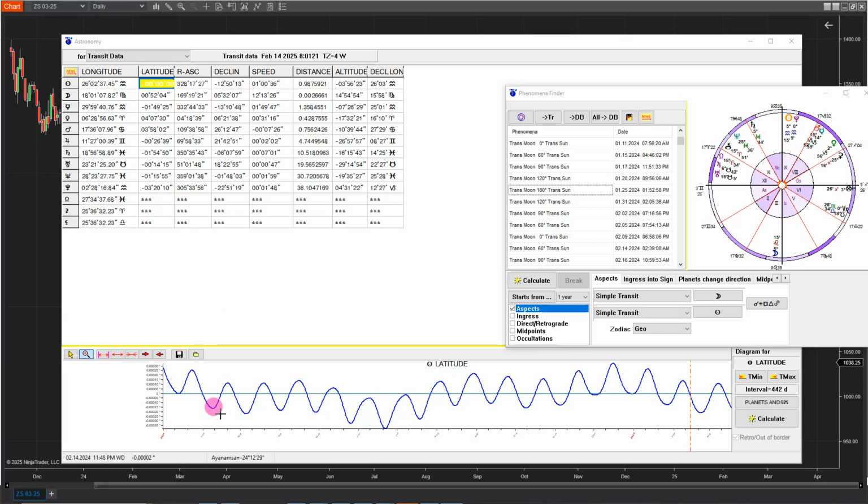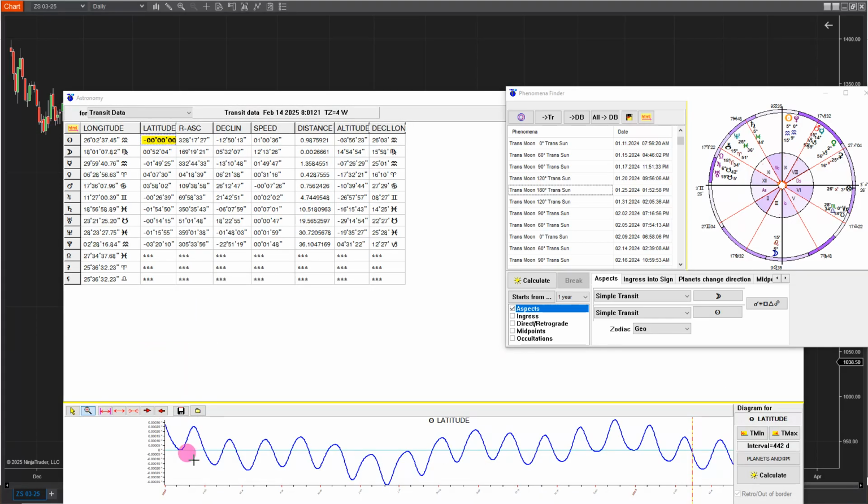Next one on the 25th, we're hitting the high. And then on the 31st, we've got the 0 south. So we have aspects on the 25th, the opposition, and on the 31st, the trine.